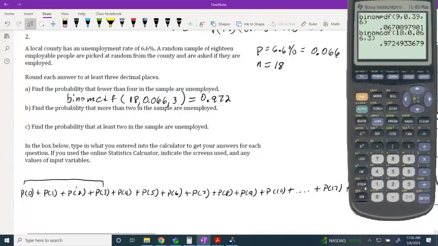Now you may want to draw this out and you may not, but I'm kind of illustrating the numbers that we put into the calculator. Let me erase my little line. So let's look at B. B says find the probability that more than 2 people in the sample are unemployed.